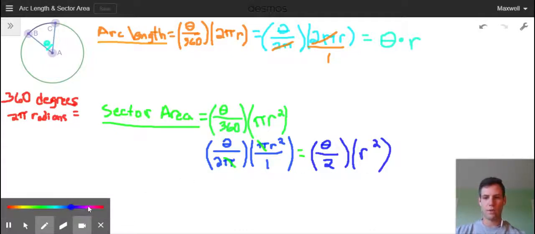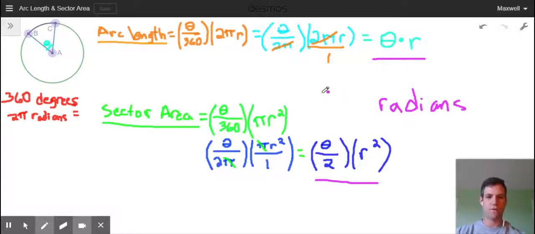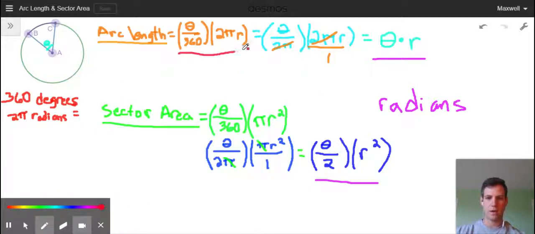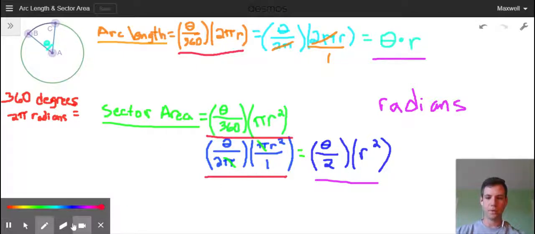So if we want to put a label on these, this formula up here and this formula up here are the radians version. And the formulas we started with, right here and right here, are going to be the degree versions of those same formulas.